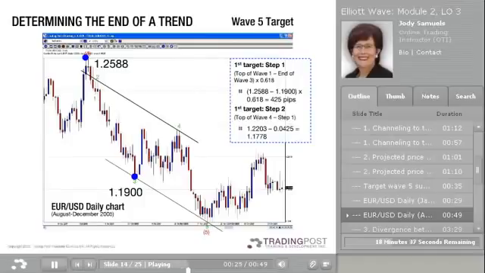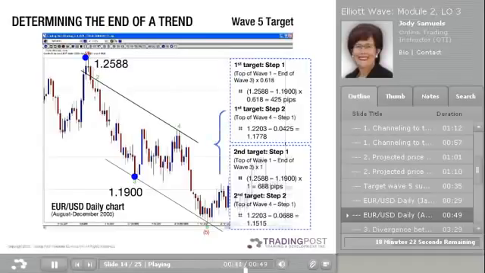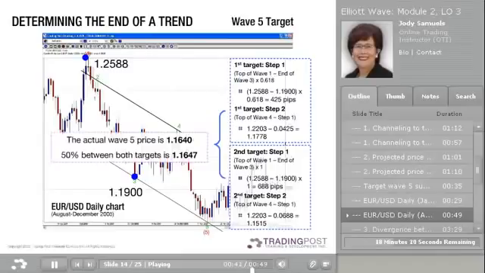The second target of 1 times the length of waves 1, 2, 3 measures 688 pips. Subtracting it from the top of wave 4 at 122.03, we get 115.15. The actual wave 5 price is 116.40, which is exactly halfway between both targets.